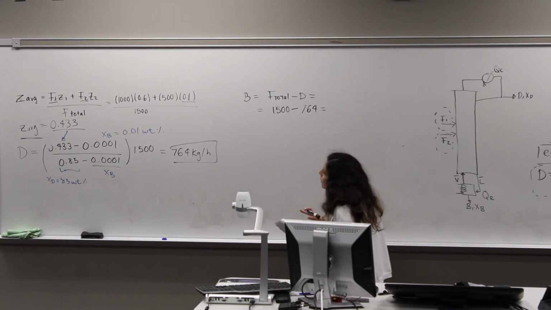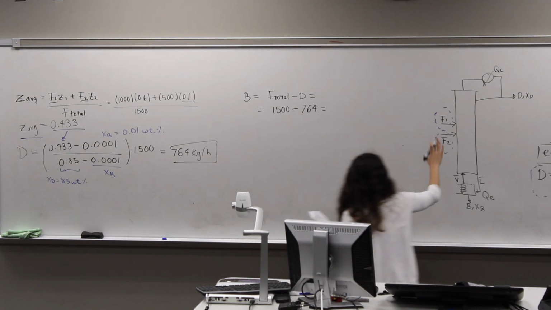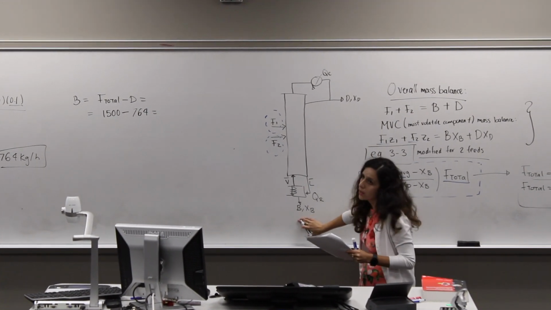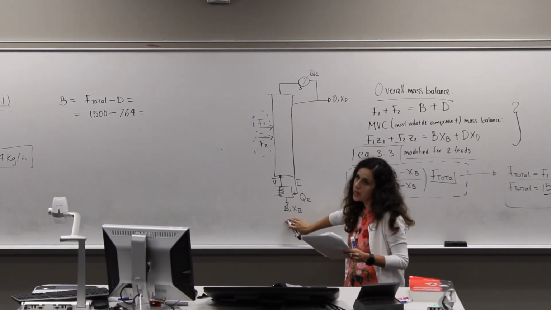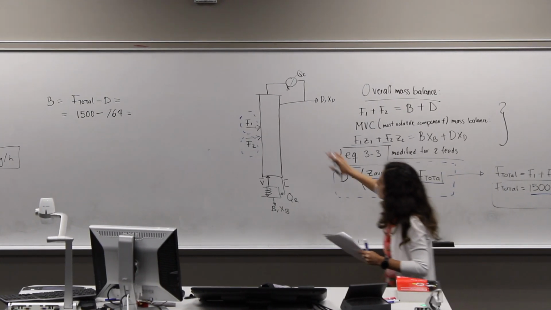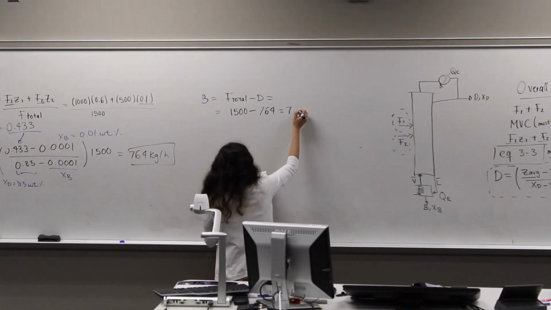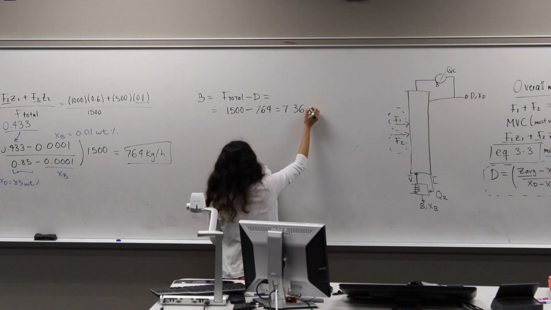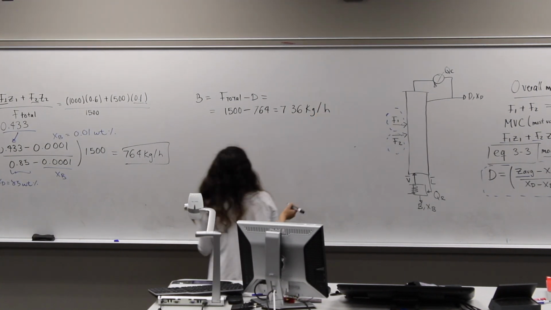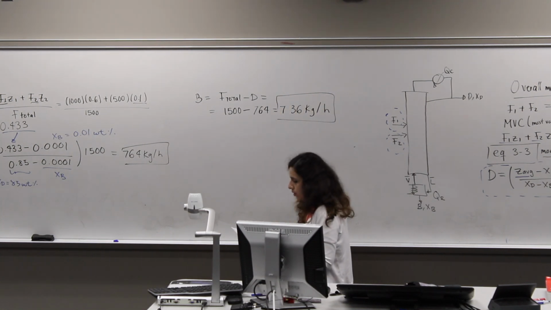So we have now defined the flows, the mass flow rates for our column. We know the feeds, we know the flow of the distillate, and we know the flow of the bottom. So by general balance and the most volatile component balance, we were able to obtain those three currents. So we have found those.